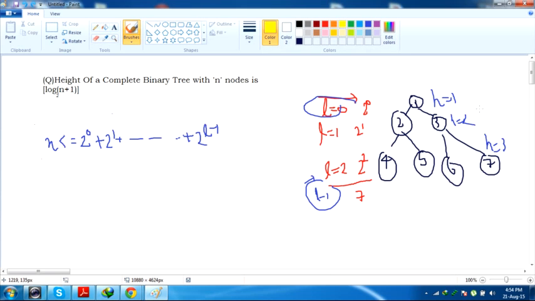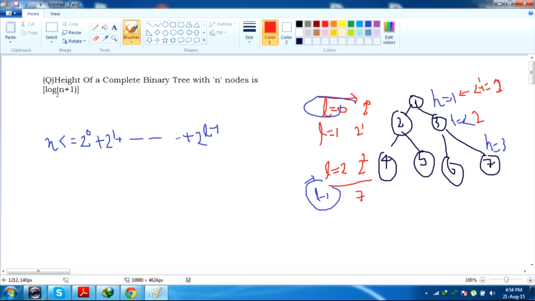Now height. Up to height 1, the total number of nodes is 2 to the power 1 minus 1, that is 2 minus 1, that is 1. Now up to height 2, the total number of nodes is how much? 3. How to get it?